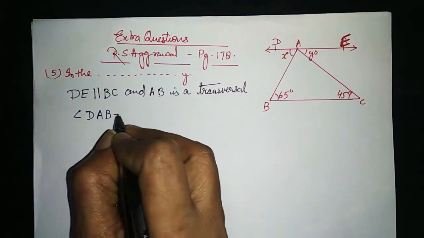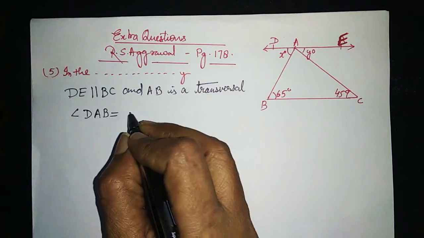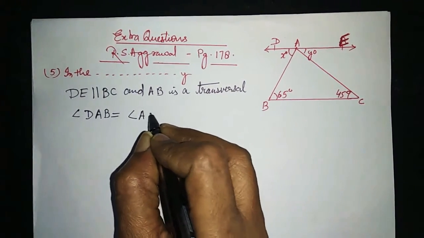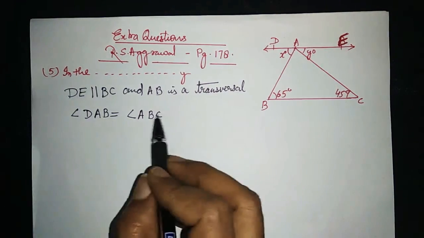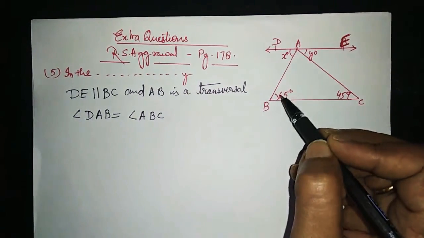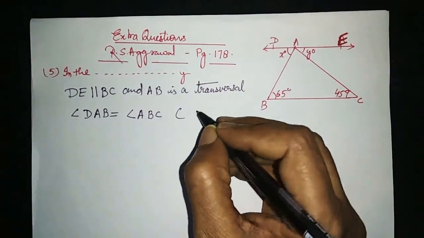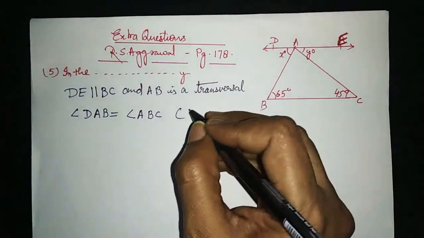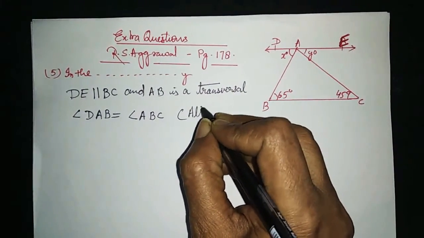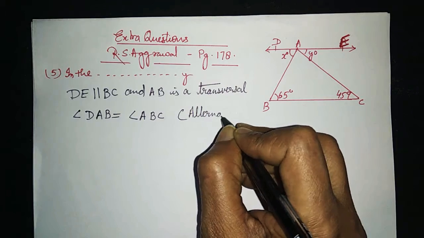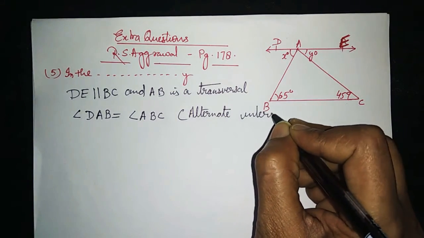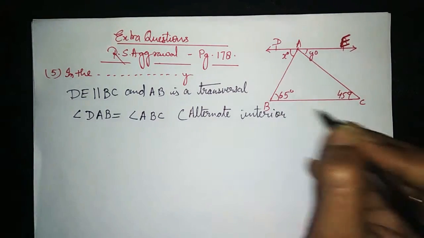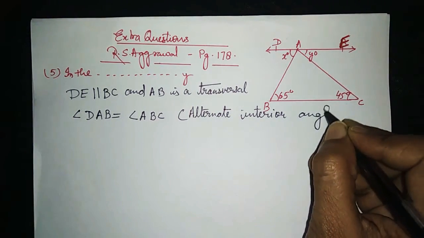DAB is equal to angle ABC. You know why these two angles are equal? Because they are alternate interior angles.